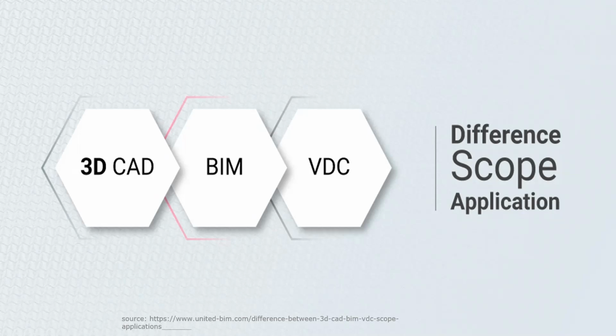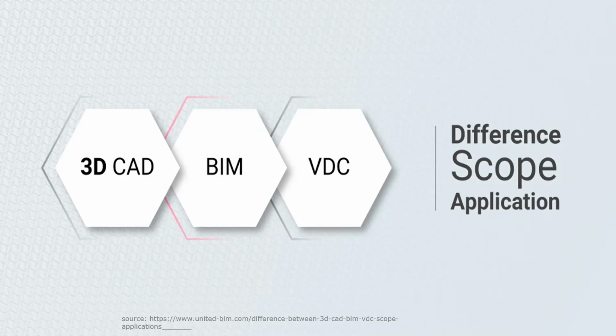So you've probably heard BIM and VDC and CAD, and to a lot of people these are used interchangeably, but in a very technical sense, VDC encompasses BIM, but BIM does not include everything VDC does.